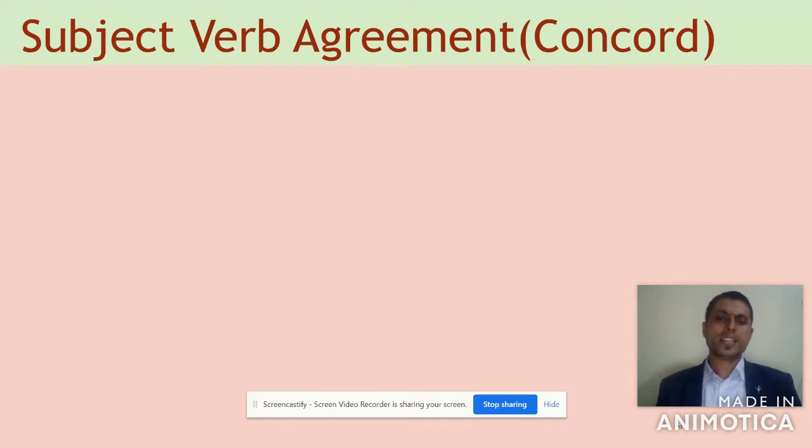Especially, right now I'm teaching class 9 and 10 students, but other students as well can benefit from this class. So today you are going to learn some of the confusing areas under subject verb agreement.